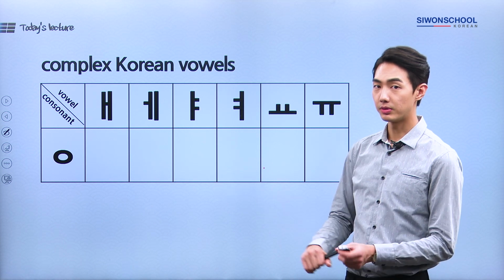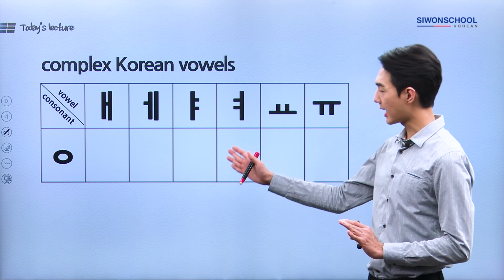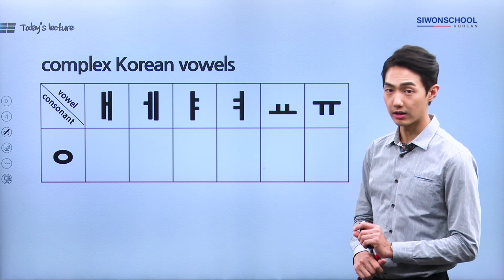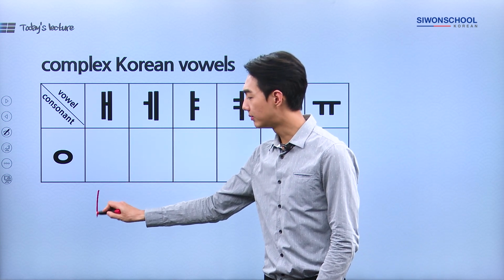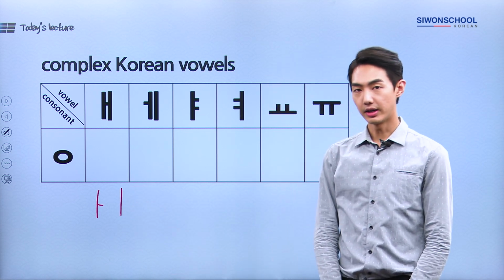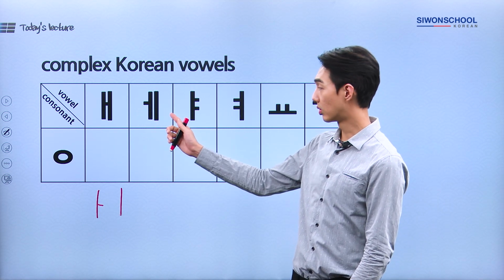Ta-da! Complex Korean vowels. You probably notice it kind of looks similar to the simple vowels, right? But look at this. It's kind of like a plus e, right? If you put it together, ta-da, it forms this. What about this one?